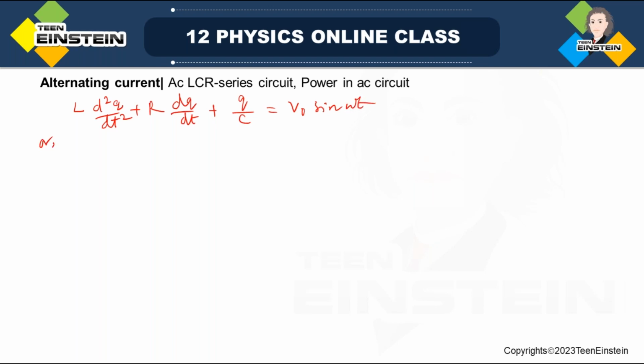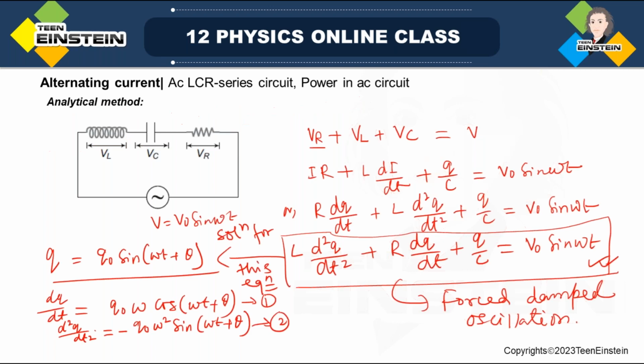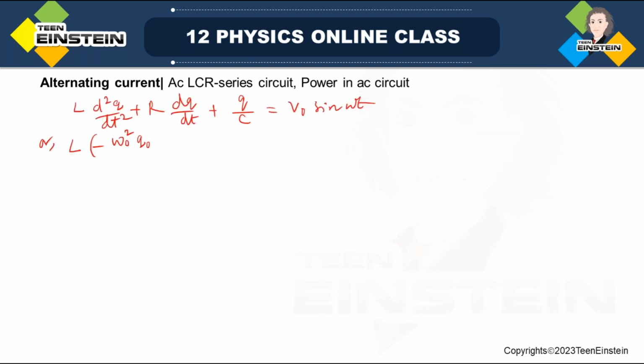Okay, if I put this, L into minus omega square q0 sine omega t plus theta.